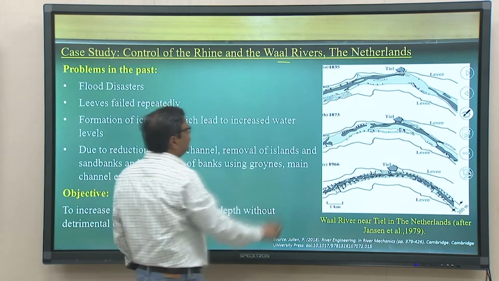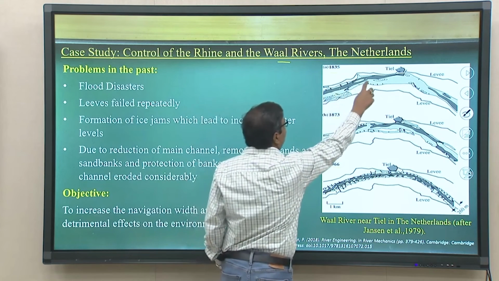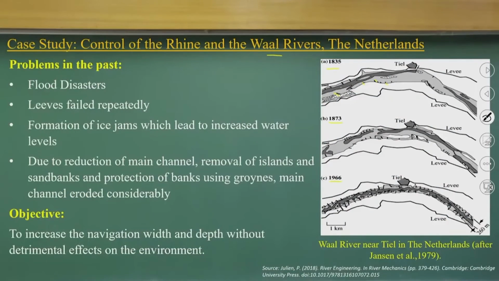To avoid that, there are minor structures to confine the river, in the form of spurs and other structures that you put to confine the river.